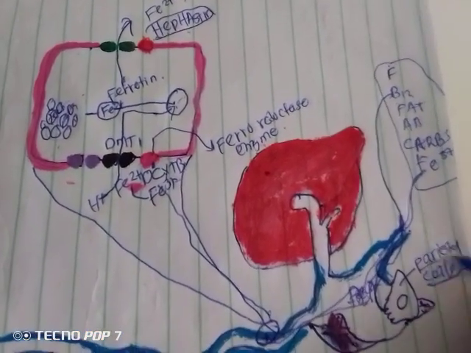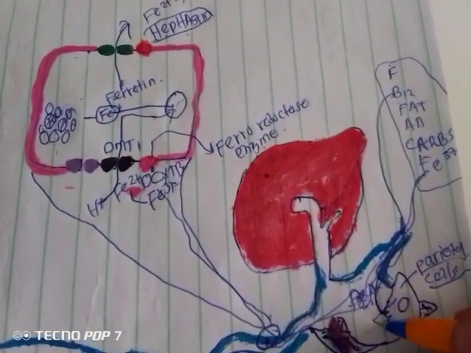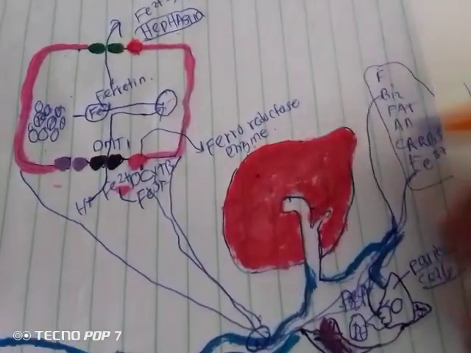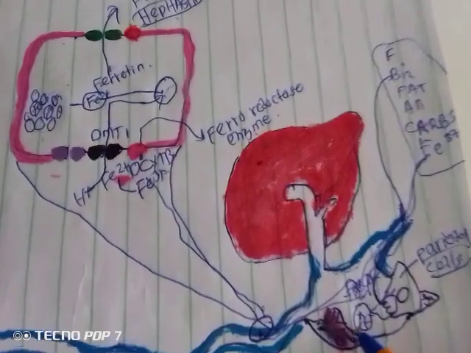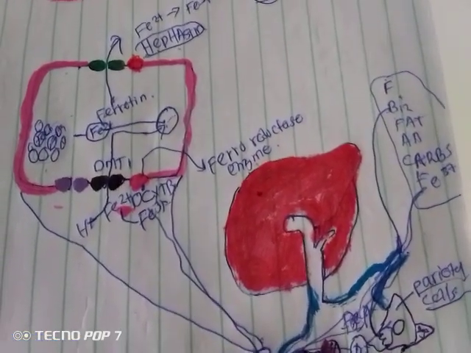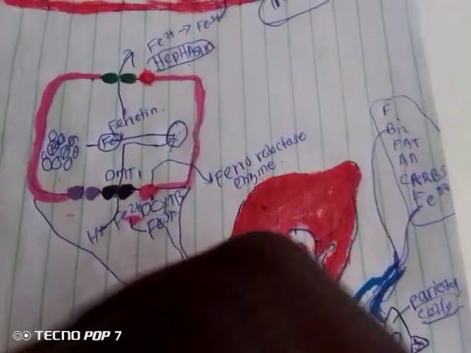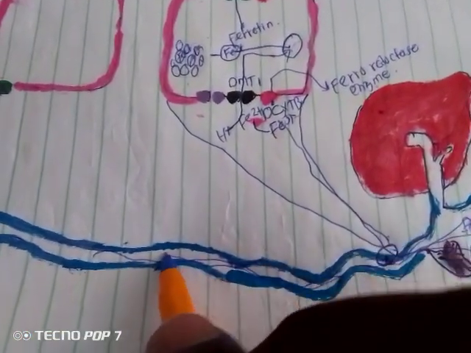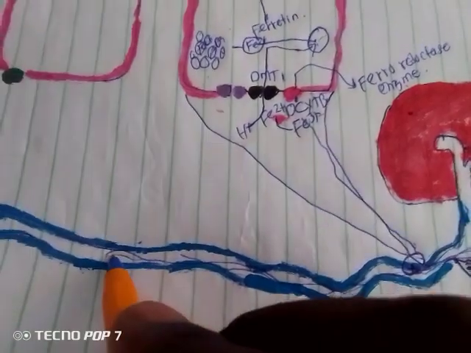These parietal cells have an intrinsic factor. This intrinsic factor binds with B12. After binding with B12, it comes all the way to the ileum.